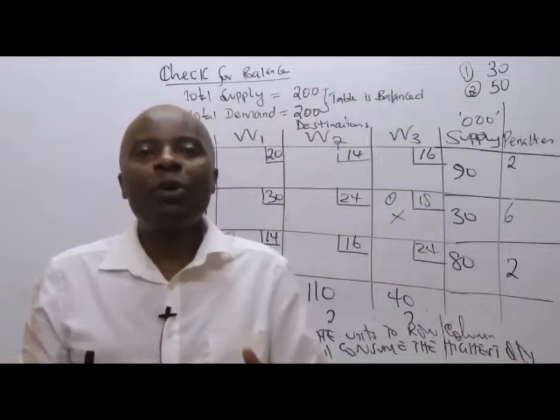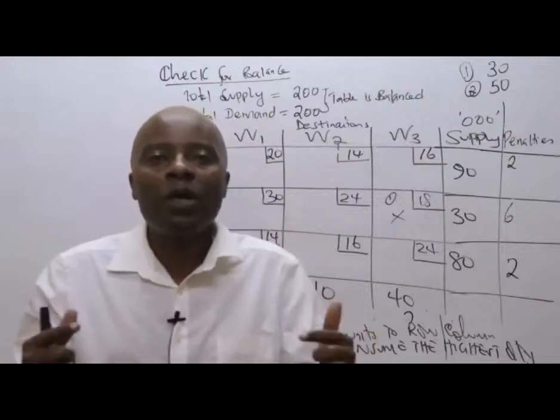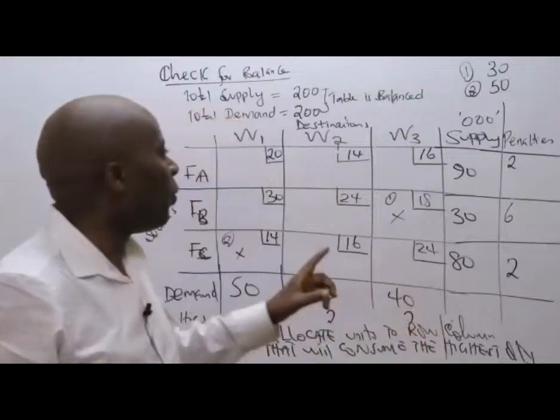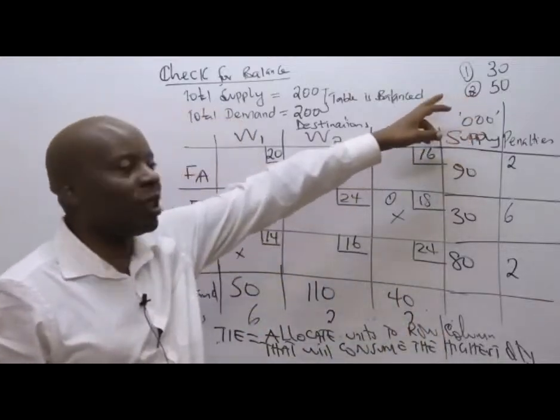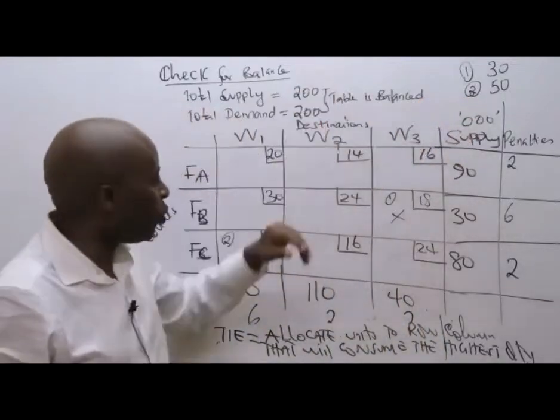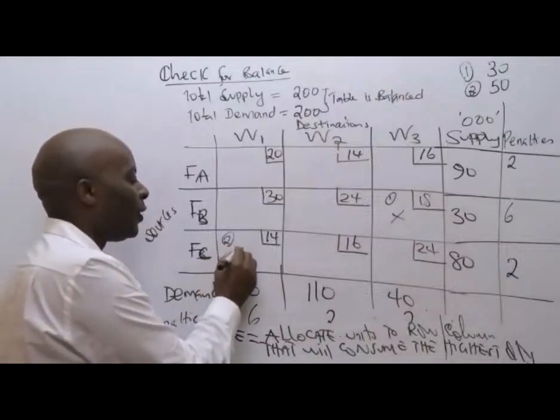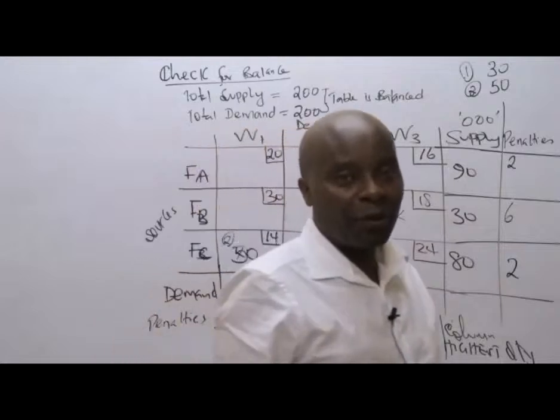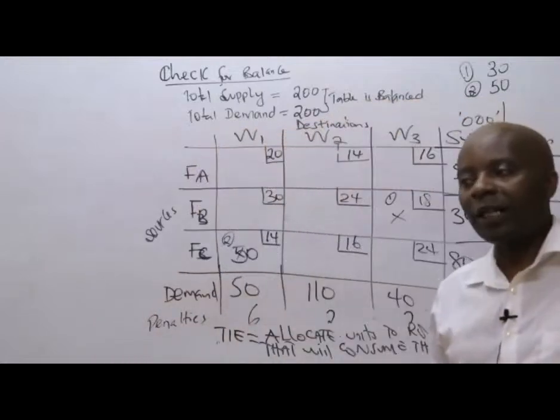The one that is able to take the highest quantity is the one that will prevail. In that regard, the highest quantity between the two routes is 50. So I'll put 50 here. The one that accommodates the highest number of units here is the one that prevails. So we put 50 there first.